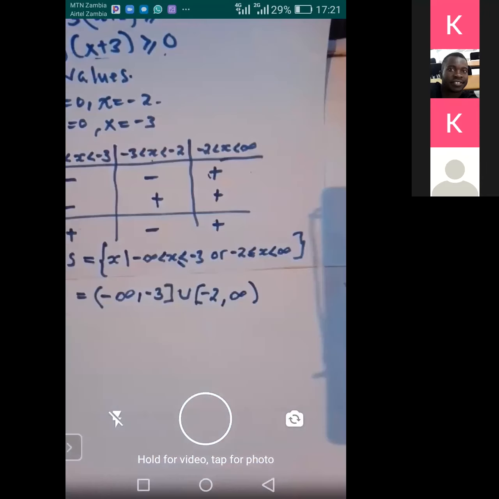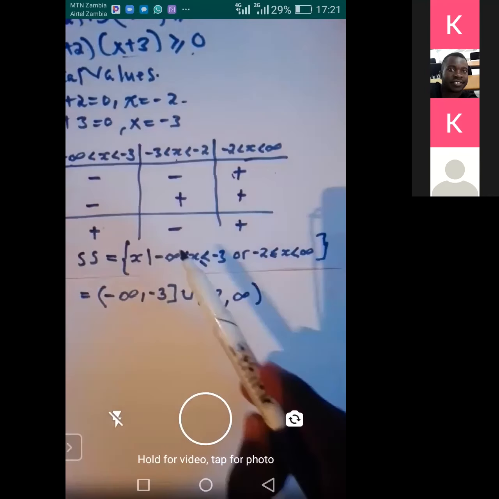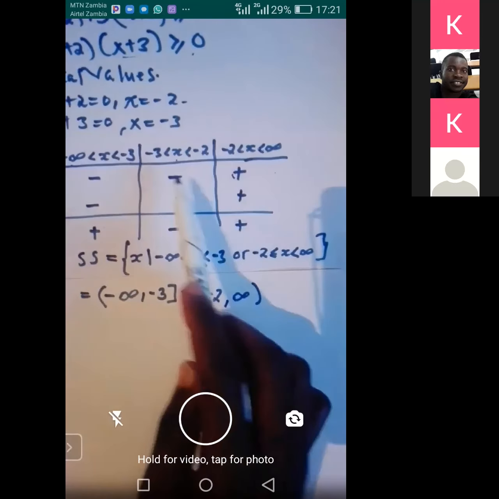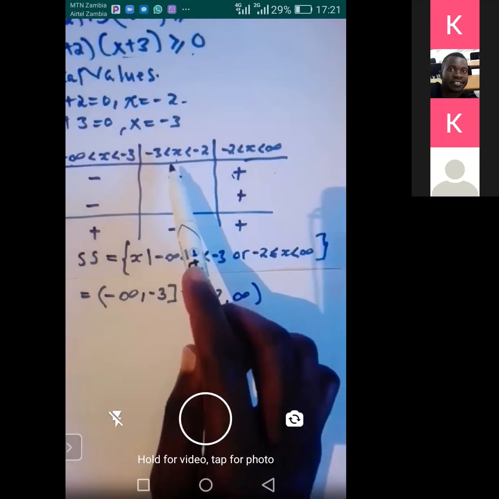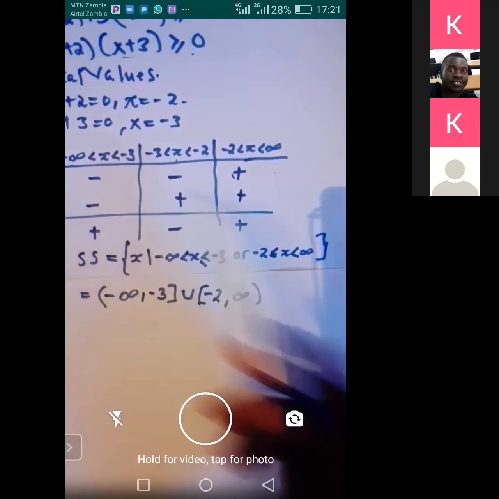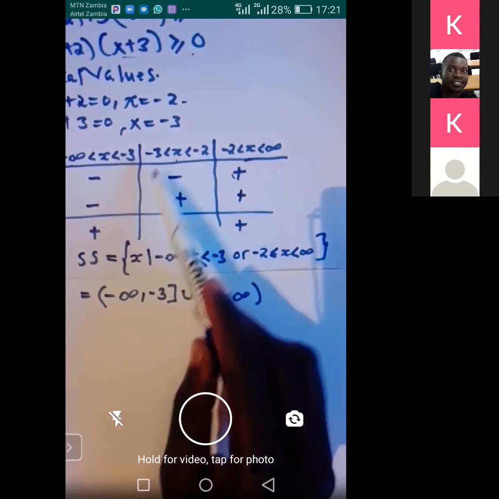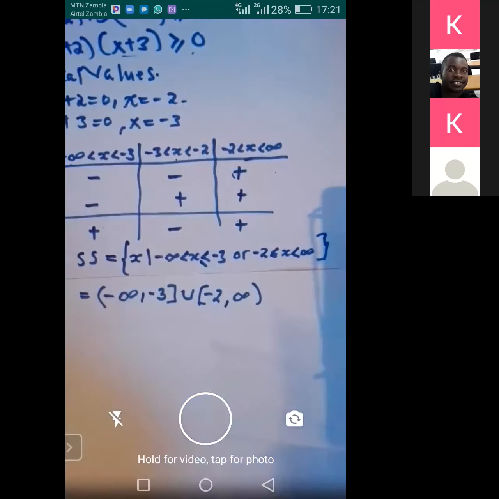So that is the solution set for that quadratic inequality. So we are not considering this interval here, all the real numbers between -3 and -2, but -3 and -2 are holding, so you include them here, because -3 is going to equal 0. Also -2 is going to equal 0 there.